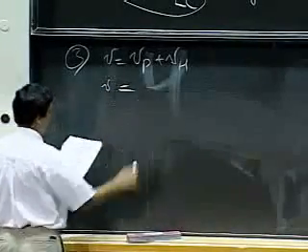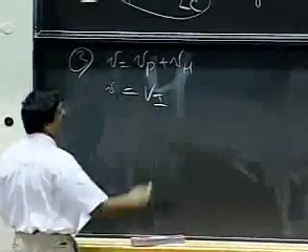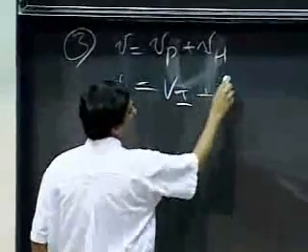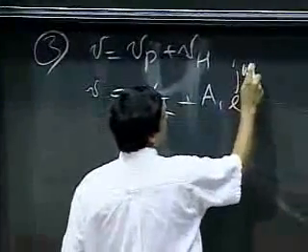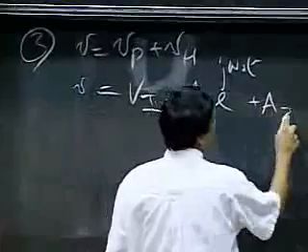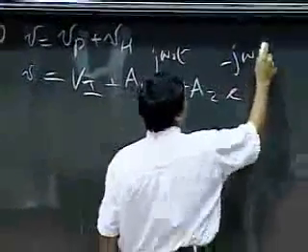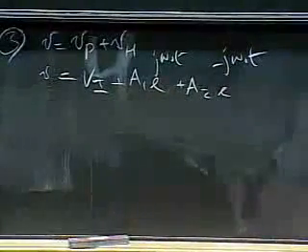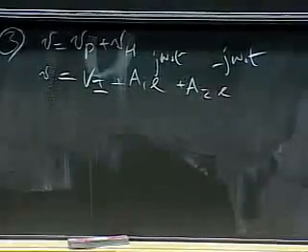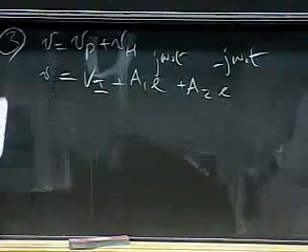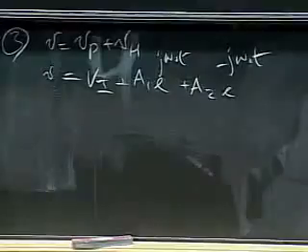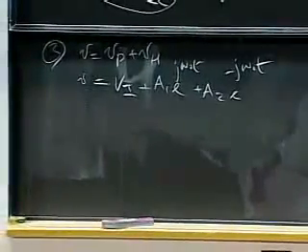Vi was my particular solution, and A1 e to the j omega naught t plus A2 e to the minus j omega naught t is my complete solution. So the final step: write down the total solution and find the constants from the initial conditions.